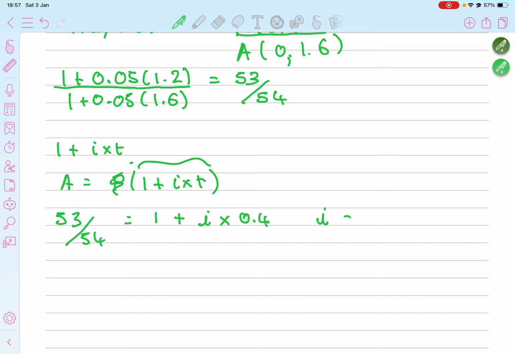So I is equal to 0.0469. Is that right? No, it is not.